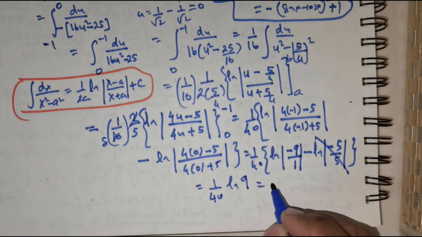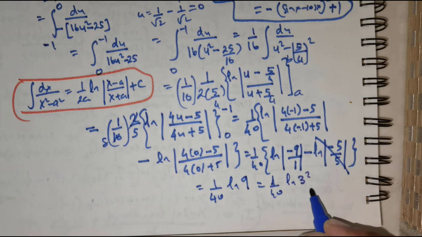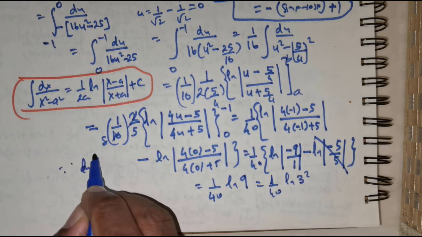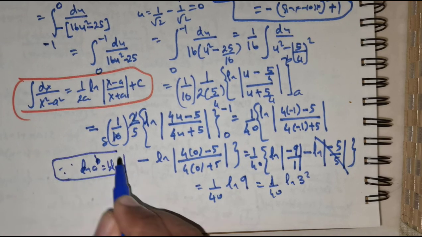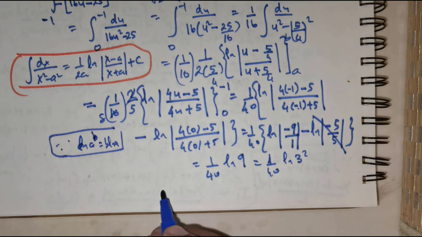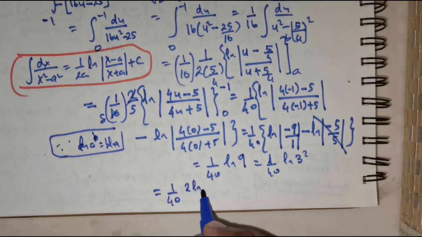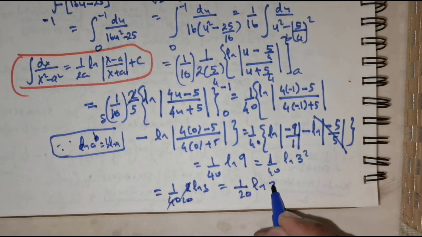Now if you want, you can rewrite this. 9 is 3 squared. I know a formula: ln of a raised to the power of b is equal to b times ln a. By that formula, I can rewrite this as 1 over 40 times 2 times ln 3. 2 divides 40 20 times. So it's going to be 1 over 20 times ln 3.